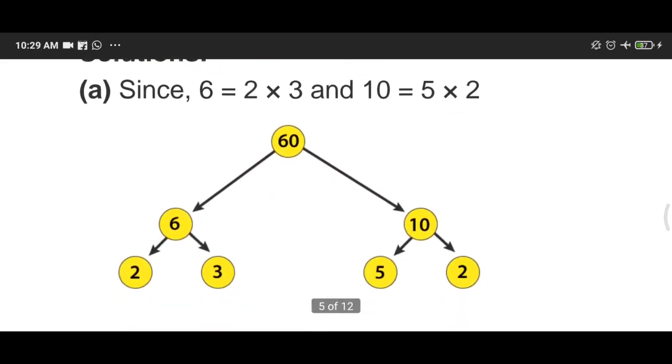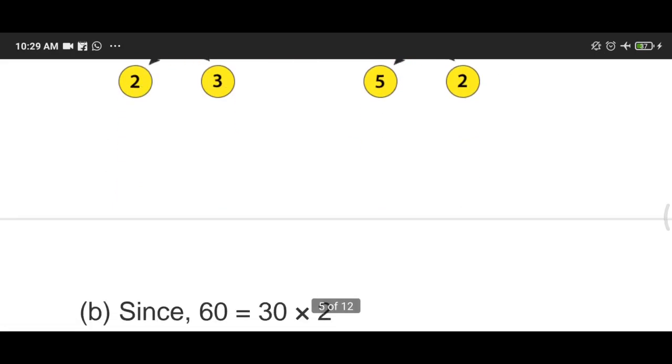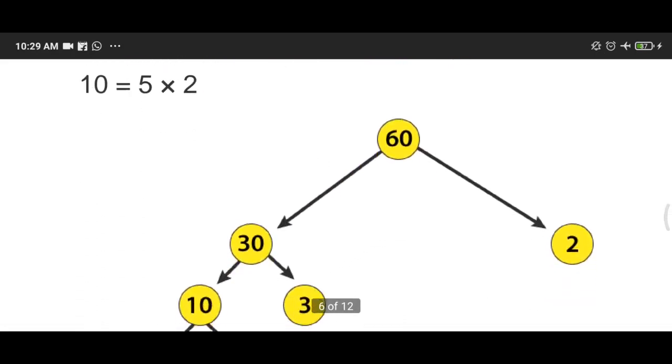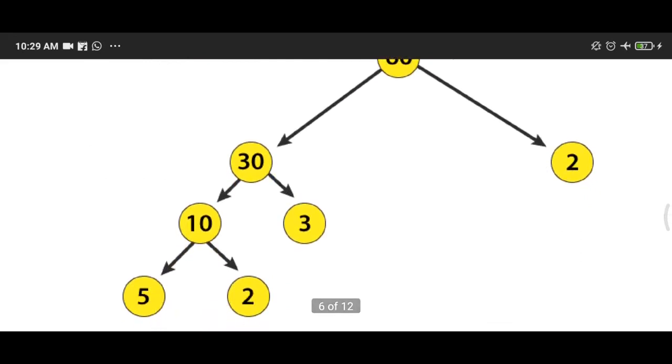In the first part we can write 60 as 6 times 10, with 6 as 2 threes and 10 as 5 twos. In the second we can write 60 as 30 twos, then 30 as 10 threes, and 10 as 5 twos.